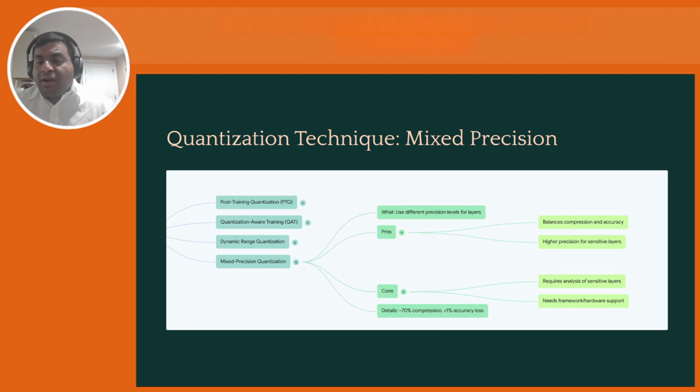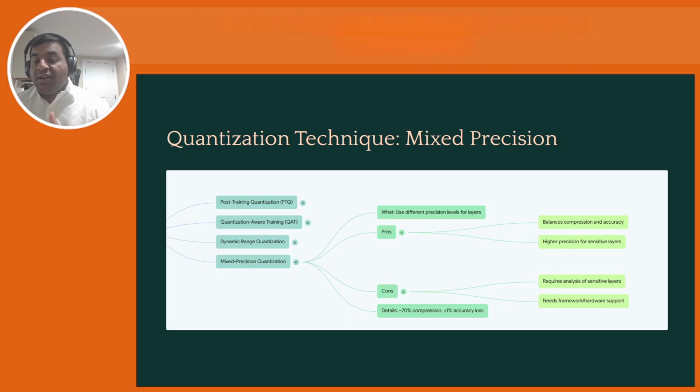Finally, mixed precision quantization recognizes that not all parts of a neural network are equally sensitive to precision. This technique uses different precision levels for different layers in the neural network. For example, more sensitive layers might be kept at FP16 or FP32, while less sensitive layers are quantized more aggressively to int8 or int4 weights. The pros are that it balances compression and accuracy effectively, allowing higher precision where needed.